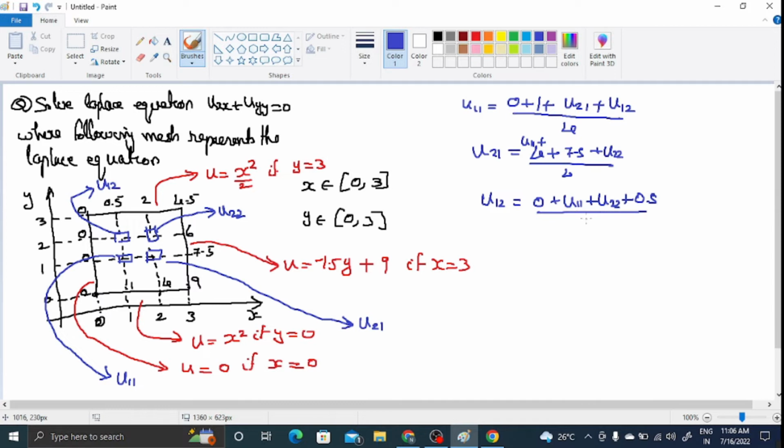So u12 is 0 plus u11 plus u22 plus 0.5, divided by 4.